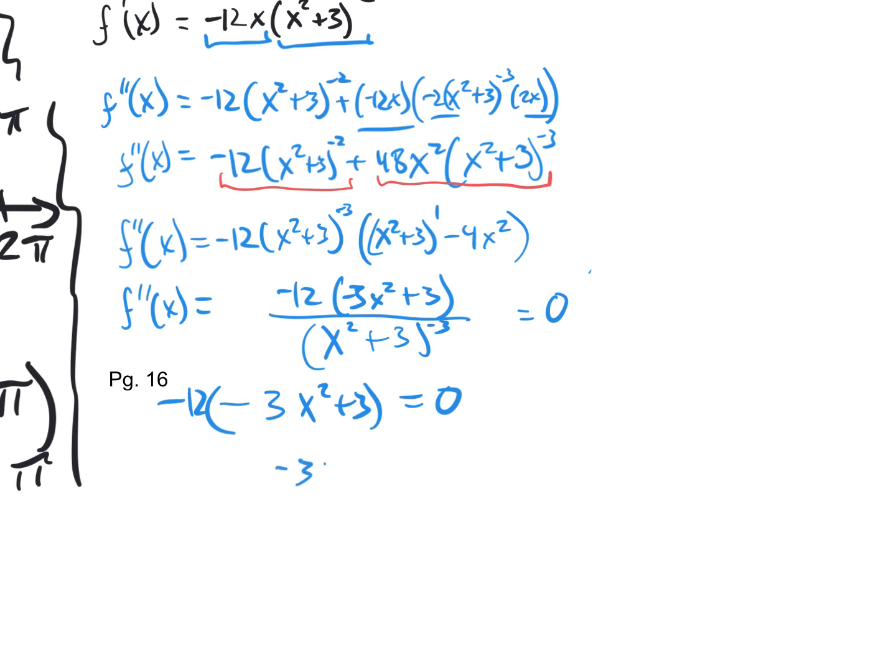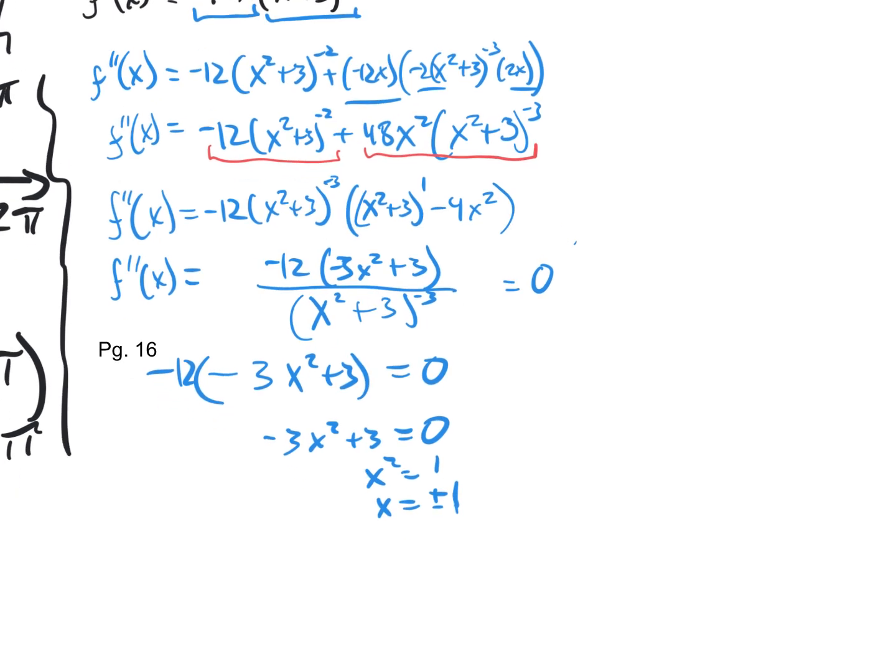We end up with negative 3x squared plus 3 equals 0. And if we subtract 3 and divide, we get x squared equals 1. And so x is square root plus or minus 1. Square root of 1 is 1. Don't forget your plus or minus when you square root both sides here. So we found 2 possible inflection values.